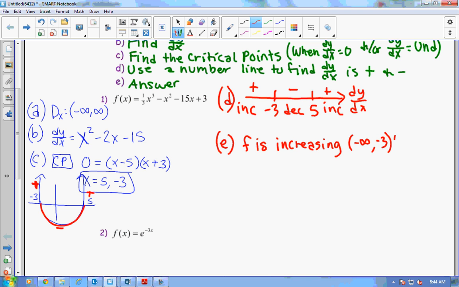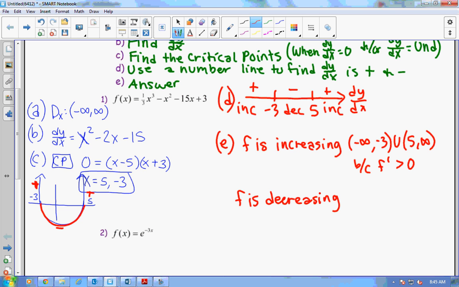Okay, union 5 to infinity. And that is because f prime is greater than 0. Or y prime, okay, dy dx is greater than 0. It's positive.